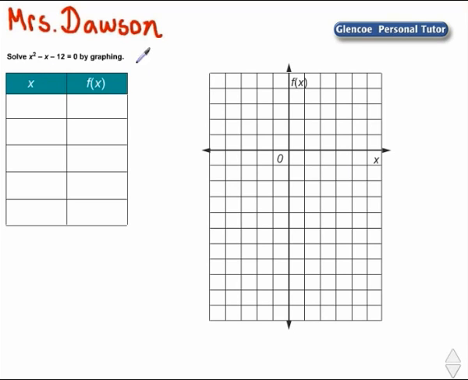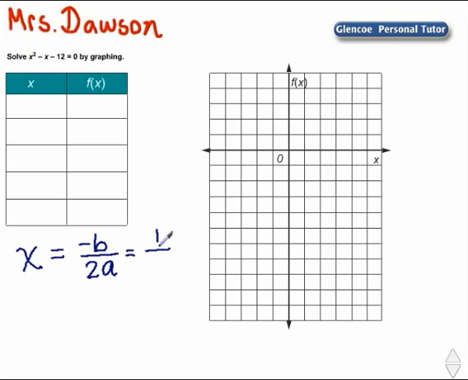In order to graph this quadratic equation, it's nice to have the axis of symmetry. The equation for the axis of symmetry is x equals the opposite of b divided by twice a. In this case, the b value is -1, so the opposite of -1 would be 1, and the value for a is 1.